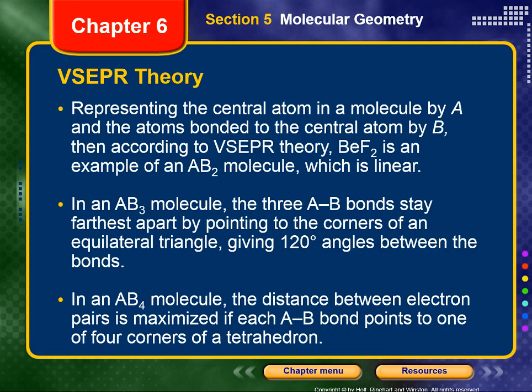Unlike AB2 and AB3 molecules, the central atoms in AB4 molecules follow the octet rule by sharing 4 electron pairs with B atoms. The distance between electron pairs is maximized if each AB bond points to one of 4 corners of a tetrahedron.